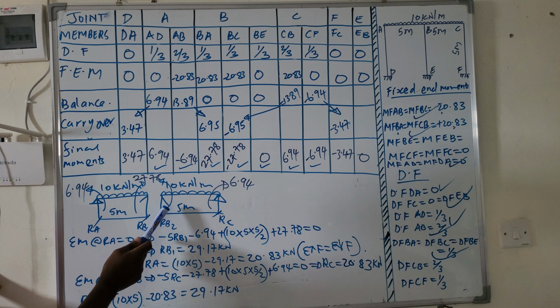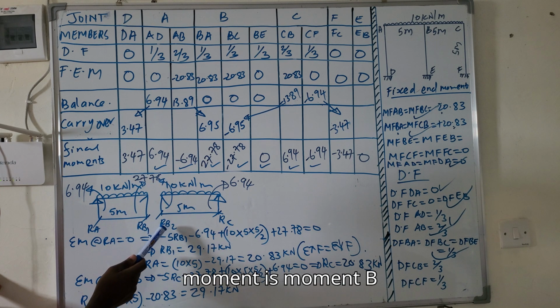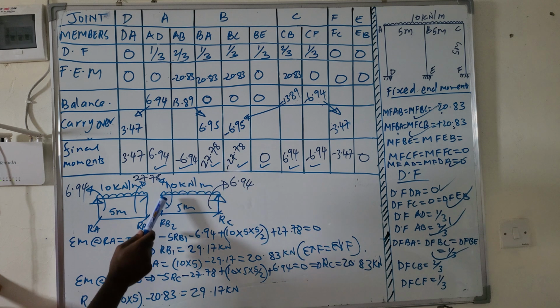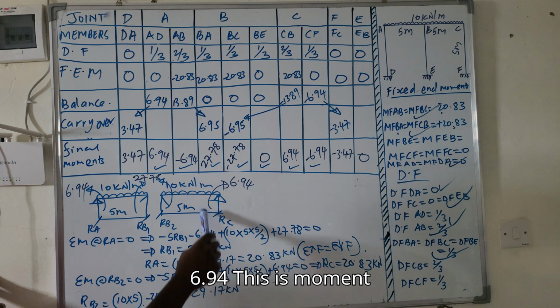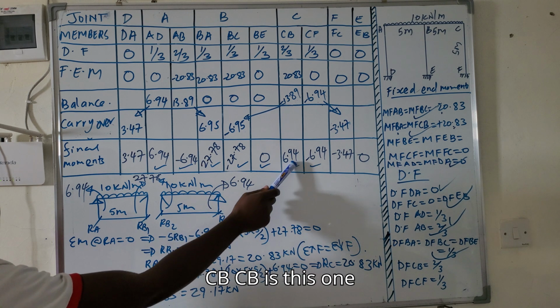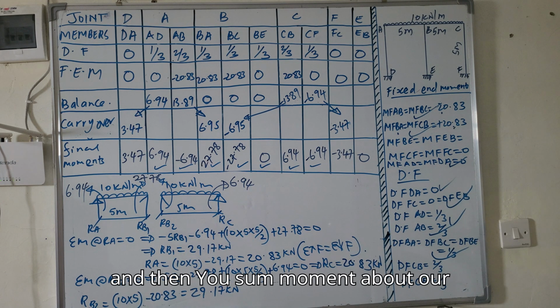And then you go to this moment again, anti-clockwise moment is moment BC, negative 27.78, this one. And then you go to this one, 6.94. This is moment CB.